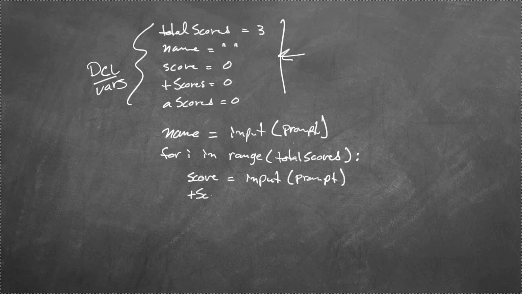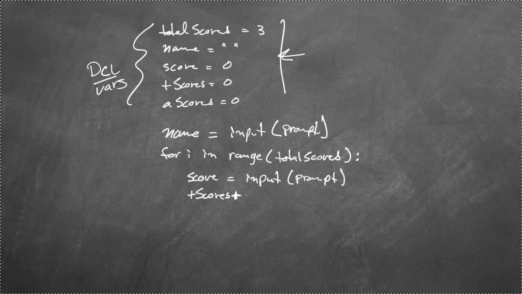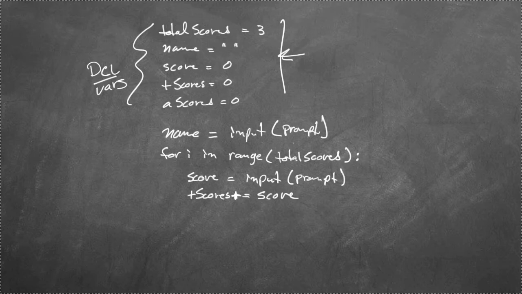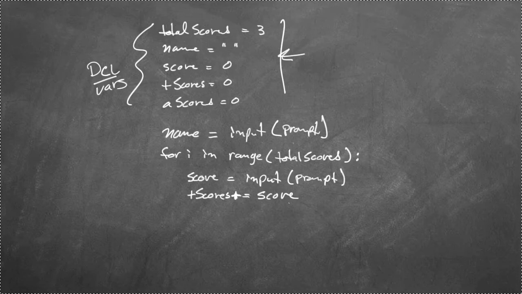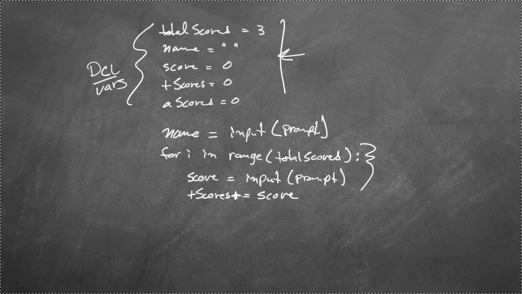So I'll go t_scores is plus equals score. So now I just added, the first time through, I added score, whatever this value is, to 0 because total scores is equal to 0. This is going to do this 3 times.